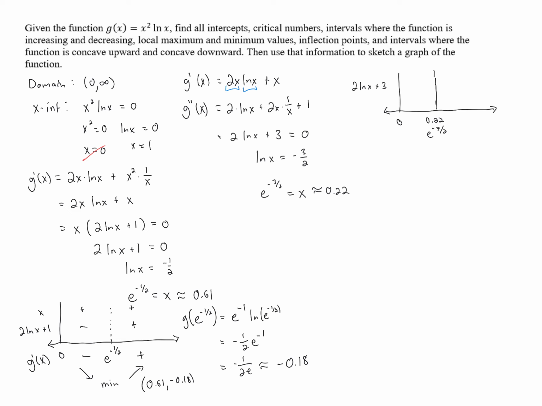And if we plug in values in those ranges, we're going to end up with negative and then positive. So it's going to be concave down and then concave up. And so we've got a point of inflection at 0.22, comma, and then we've got to plug that into the original function to figure out what the y value is.